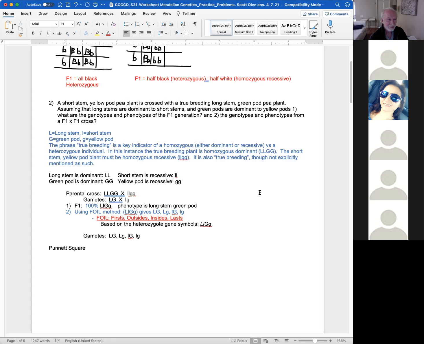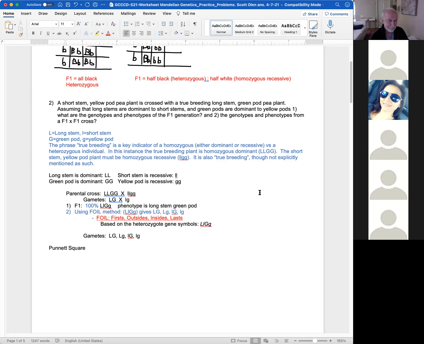Absolutely. So these are key words and key indicators that you need to be picking out of these paragraphs they seem to give you for these types of questions. That's why it's important to know what the terms are and how they relate to the problem. So again, true breeding, it's a key indicator of a homozygous or inbred.